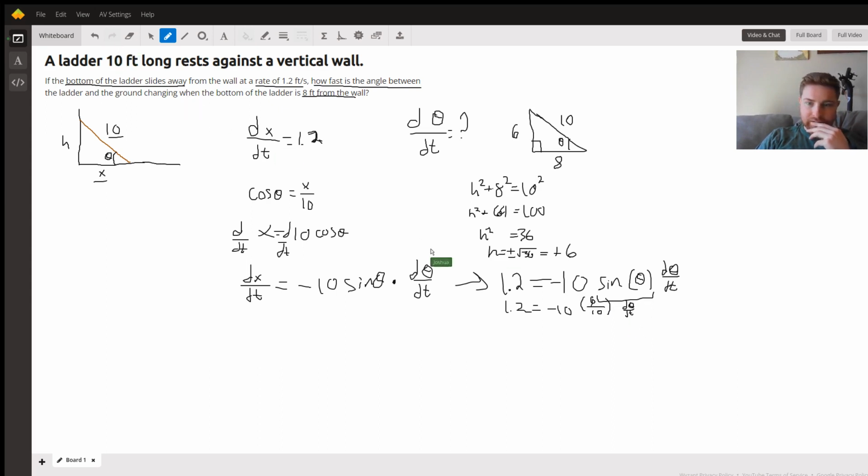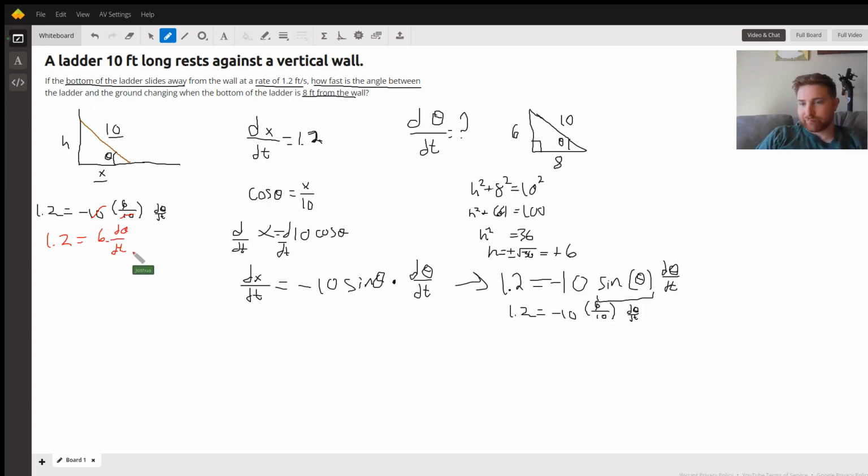Now I'm going to copy that and move this over here to the left because we have a little more room. I noticed that the 10s can cancel out. I love that. So now we're dealing with 1.2 equals negative 6 d theta/dt.